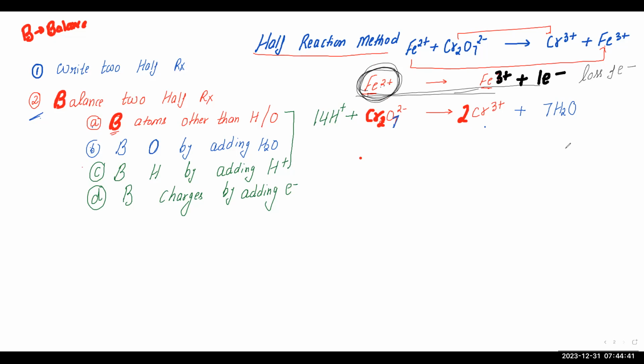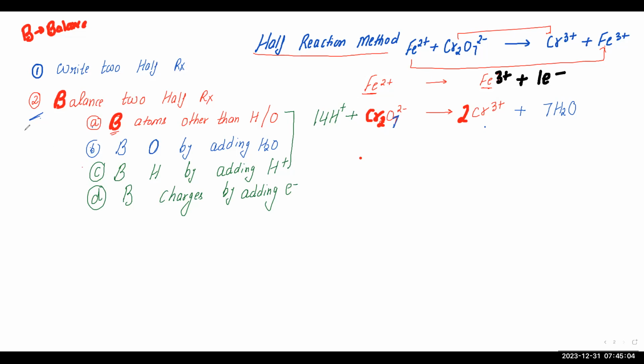It's oxidation, right? Okay, and now balance the second one. After balancing the charges of the first one, you can see the electrons are on the product side. If electrons are on the product side, oxidation is loss of electron.